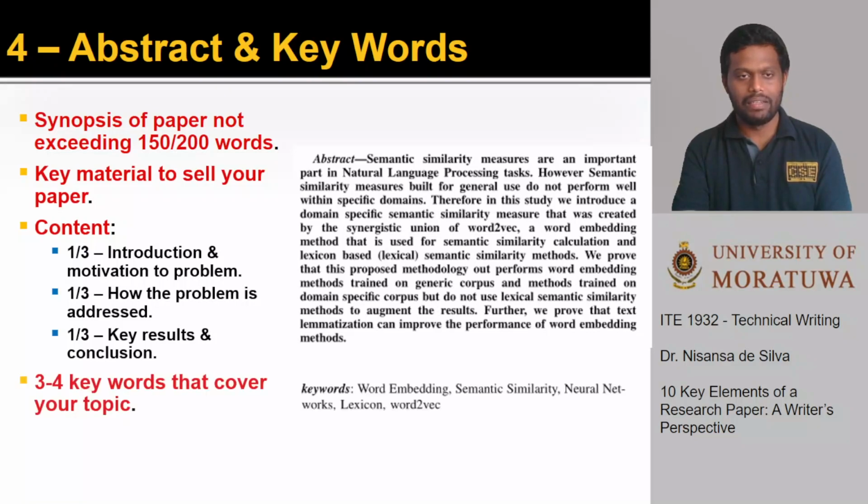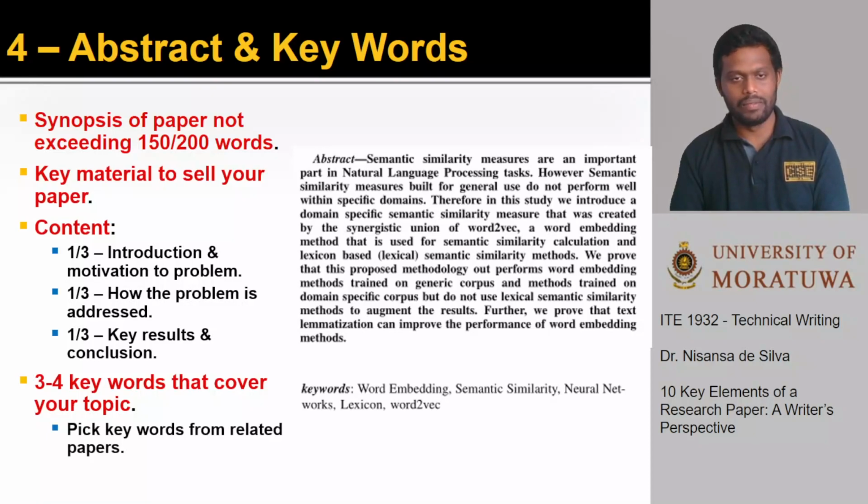And after the abstract, we have keywords. This is present in some types of papers, some formats, and in some cases they are not there. So if you do have keywords, it's a very powerful tool to tell people very briefly what your paper is about. So you can mention the key concepts that your paper deals with.